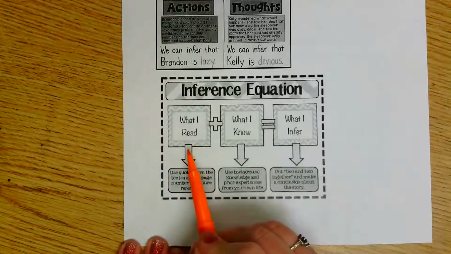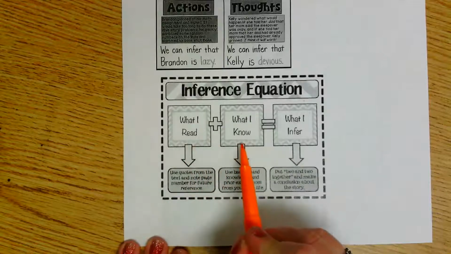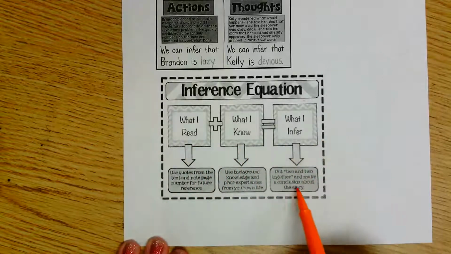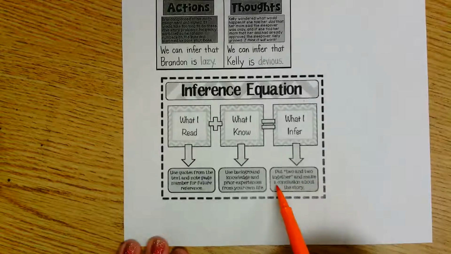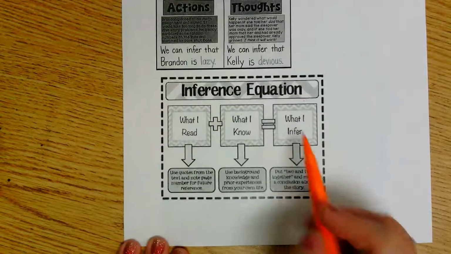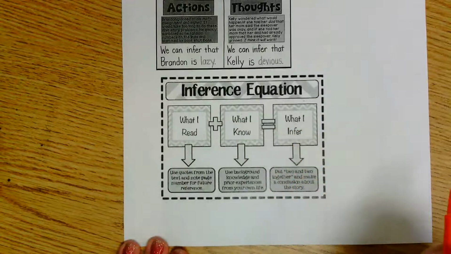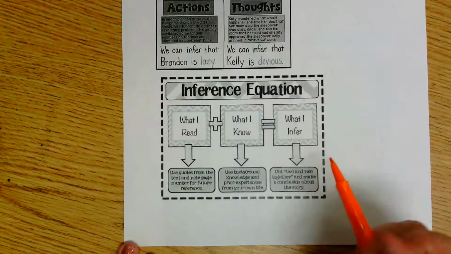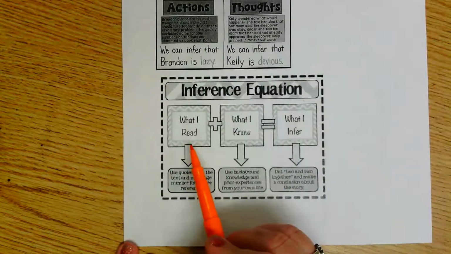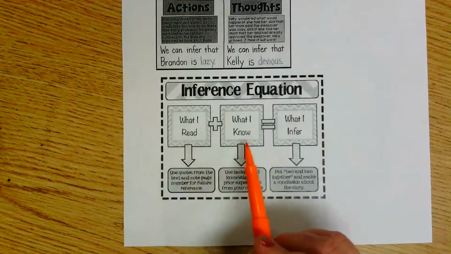So you take what you read plus what you know, and you come up with your inference. You put two and two together and make a conclusion about the story. So again, when we make that inference, when we infer, we are making our best educated guess based on the clues from the text evidence, as well as what we already know.